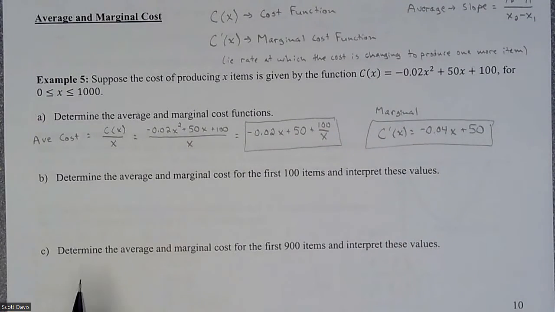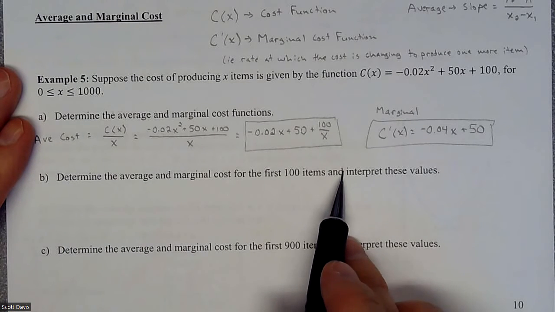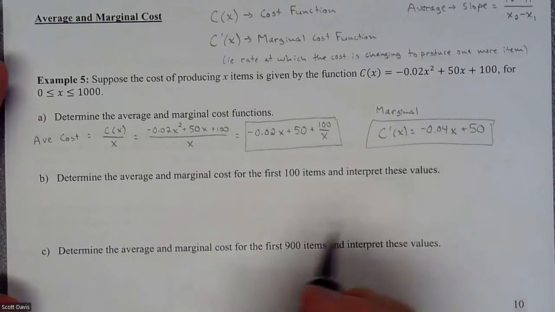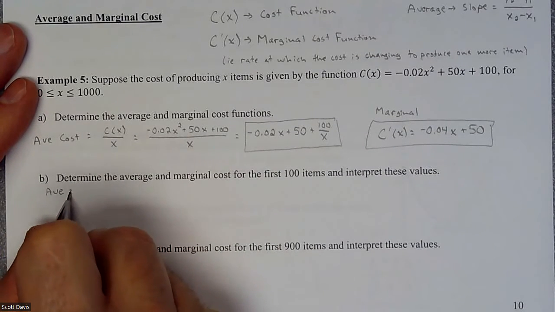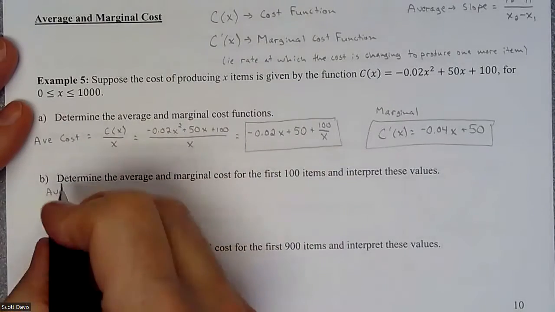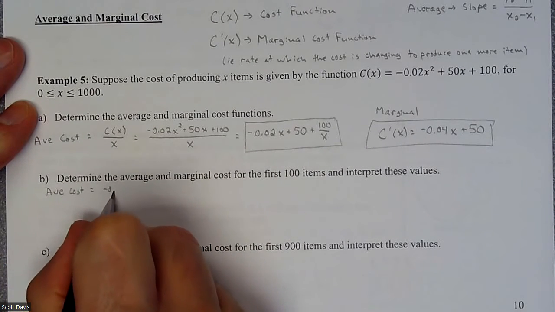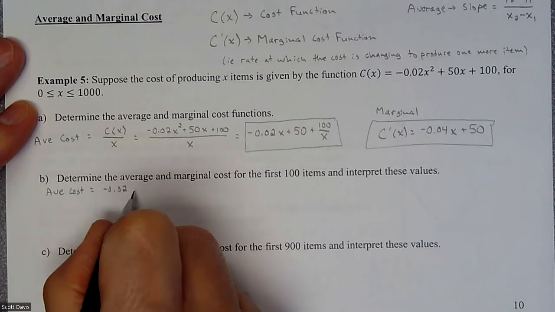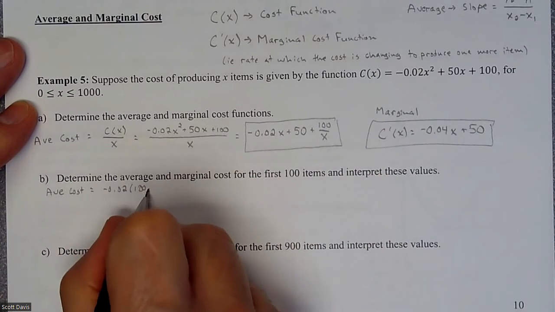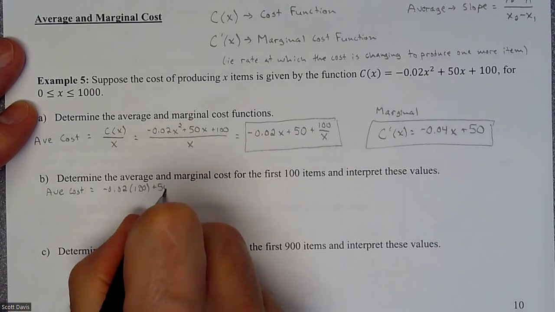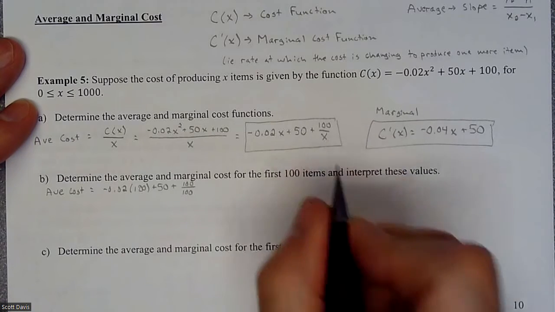And let's answer some questions. So first question is, determine the average and marginal cost for the first 100 items and interpret these values. So our average cost for the first 100 is going to be negative 0.02 times 100 plus 50 plus 100 over 100, because we're using this.